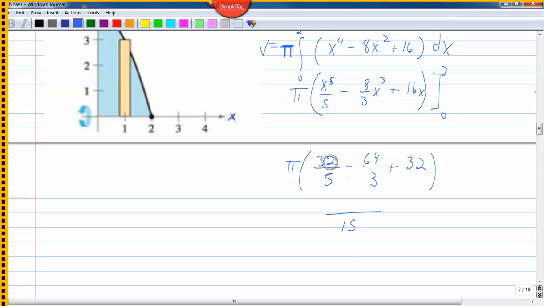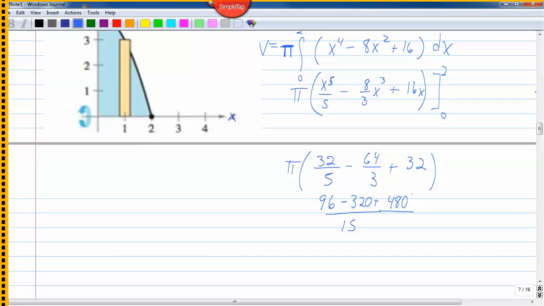5 goes into 15 3 times. 3 times 32 is 96. 3 goes into 15 5 times. 5 times 64 is 320. And then 32 times 15 is 480.